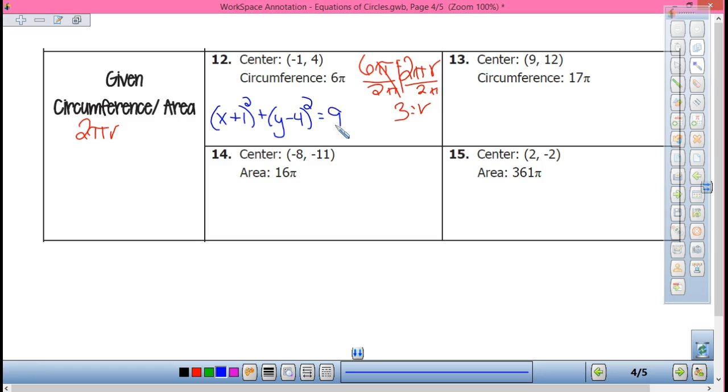Okay, let's look at 15. Because area, how do I find area? Pi r squared, thank you for somebody knowing that. So 361 pi equals pi r squared. What's hooked onto our r squared? Pi, so divide by your pi, it goes away. 361 equals r squared. How can I find r? Square root of it.